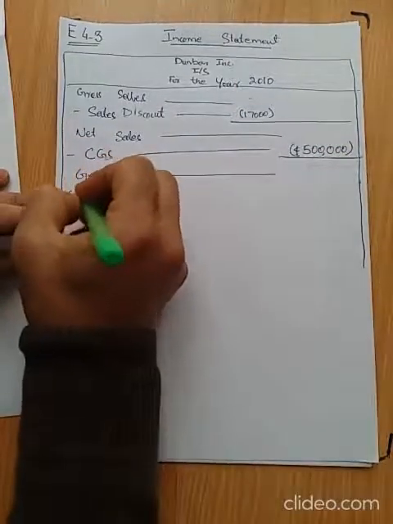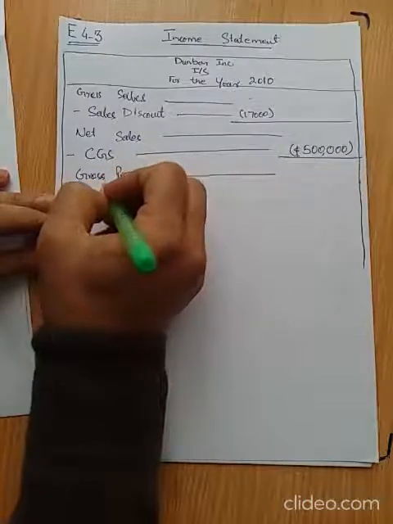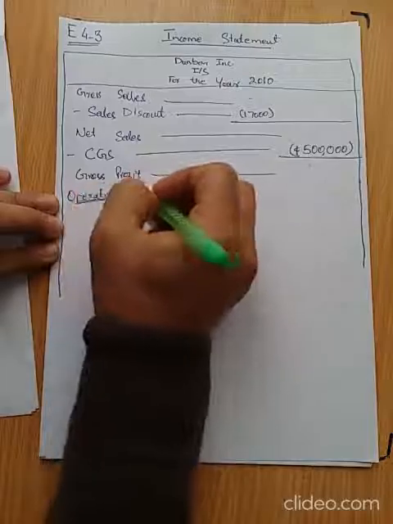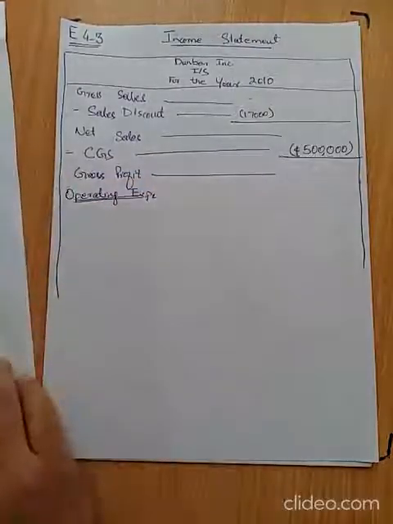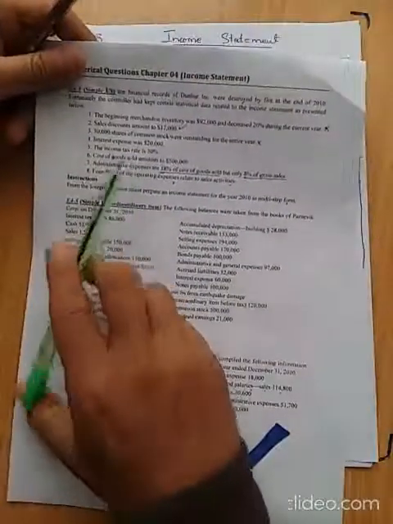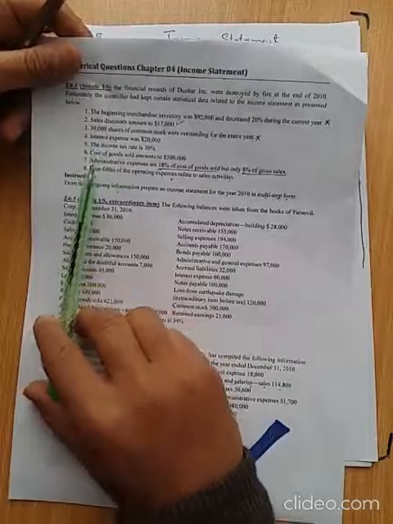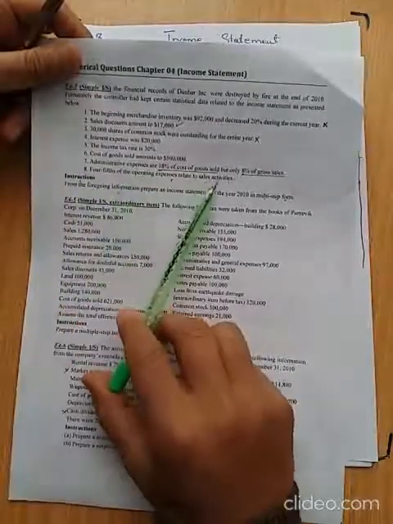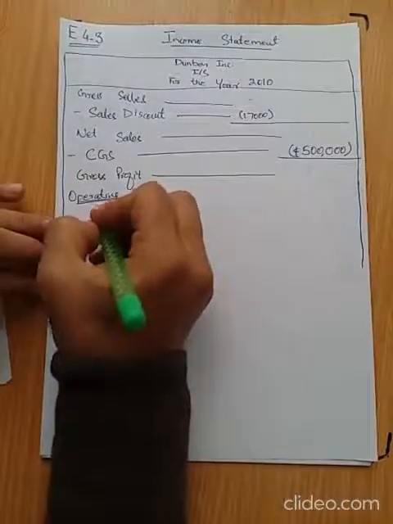After gross profit, we specify all the operating expenses of the organization. So let's see if we have any operating expenses available here. We have administrative expenses and we have sales activities also. These are the 2 kinds of expenses that we have. Let me write them here.